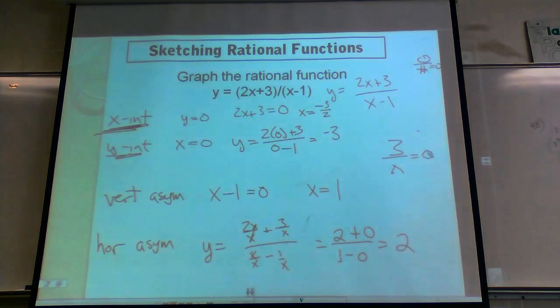Treat it as 0. What you're doing is seeing what happens to this number as x gets infinitely large. Just for example, if I plug in a million, 3 over a million is such a small decimal that it's essentially 0.